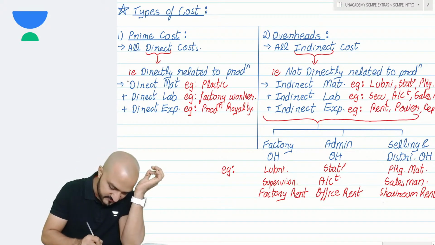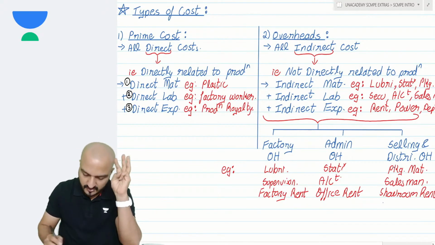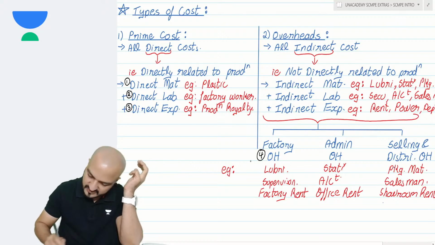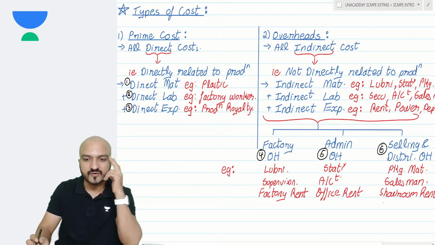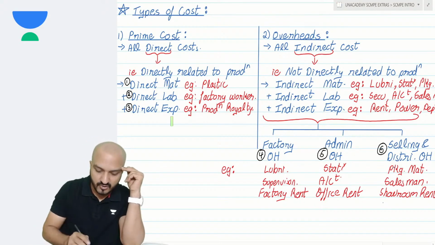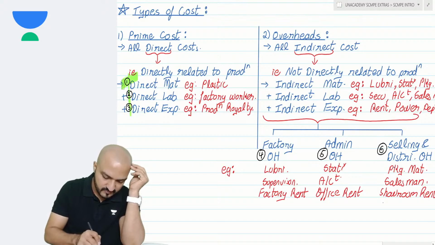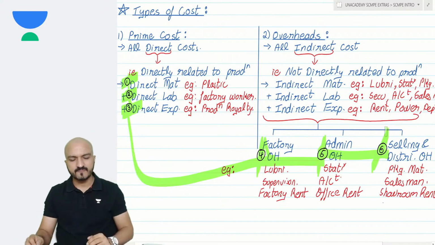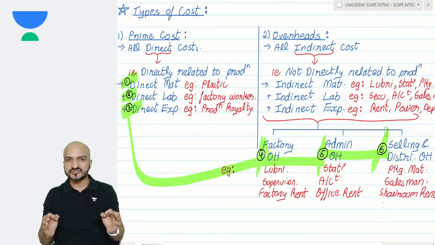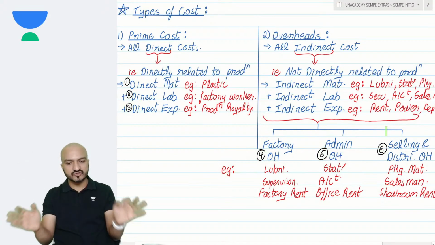My cost sheet will use 6 items of cost: number 1, direct material; number 2, direct labor; number 3, direct expenses; number 4, factory overheads; number 5, admin overheads; and number 6, selling and distribution overheads.